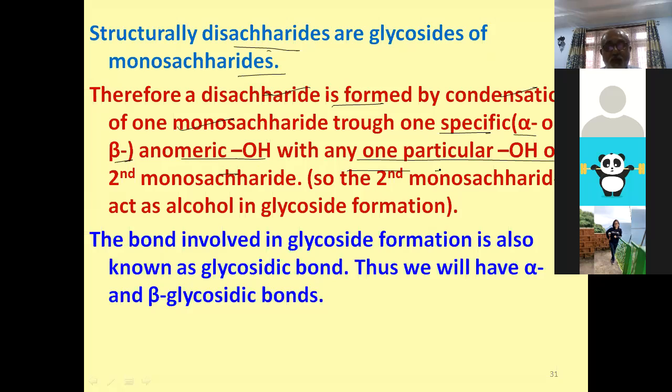So the second monosaccharide will act as an alcohol. It is the formation of a glycoside. One monosaccharide acts as a sugar molecule, the other acts as an alcohol. So it is a reaction between a monosaccharide and an alcohol.